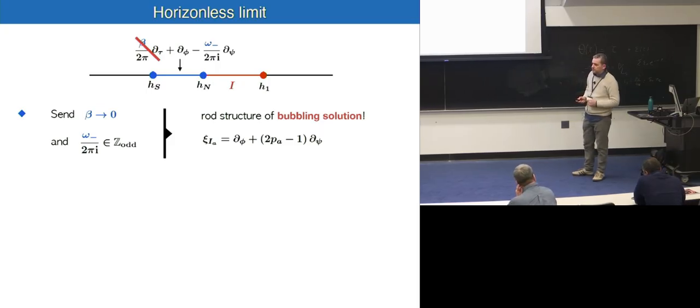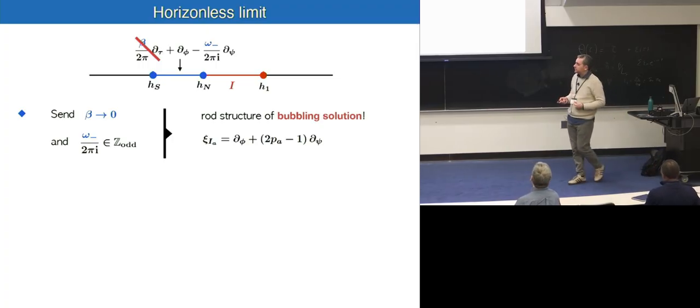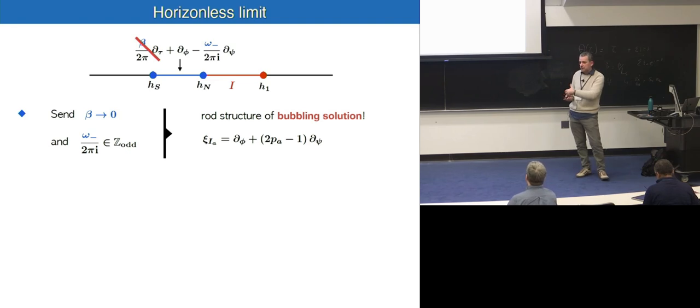But I'm not solving any of these entropy enigmas, in the sense that there are solutions with this non-trivial topology in the domain of outer communication that have a larger entropy than the BMPV black hole. I'm not saying anything new about the fact that this is a fact.